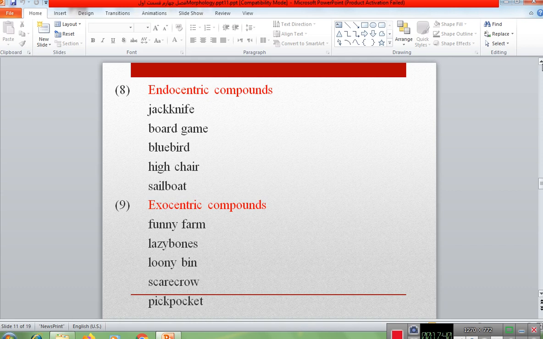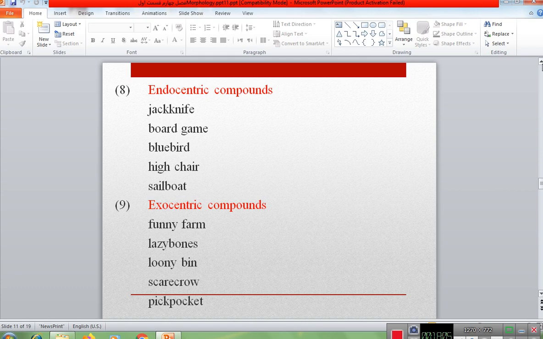For example, goldfish is an endocentric compound. It has a head, fish, which determines both the meaning and the lexical category, noun, of the compound as a whole. Compounds whose lexical category or meaning are not determinable from the head are exocentric. For example, figurehead is just such a compound because it is not a type of head.